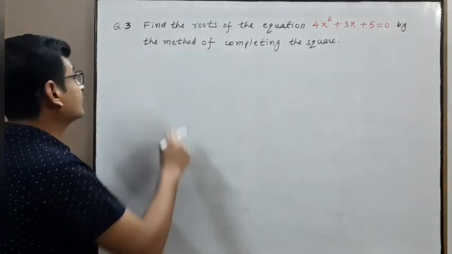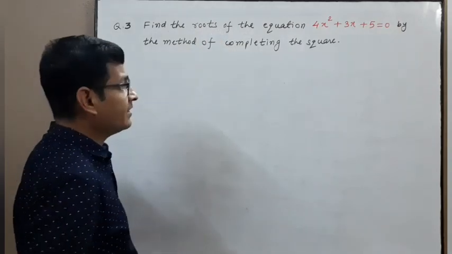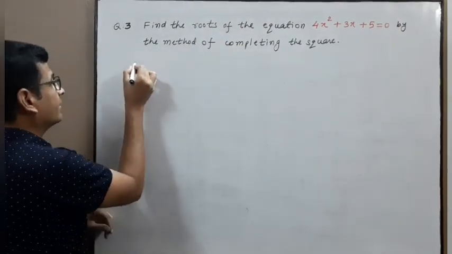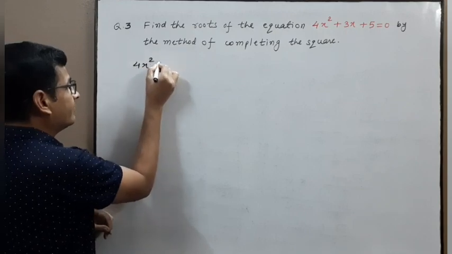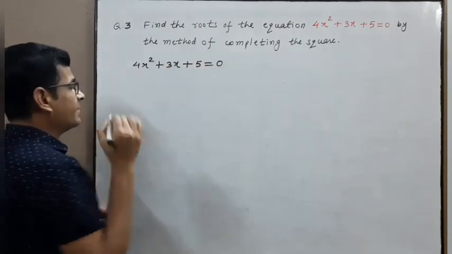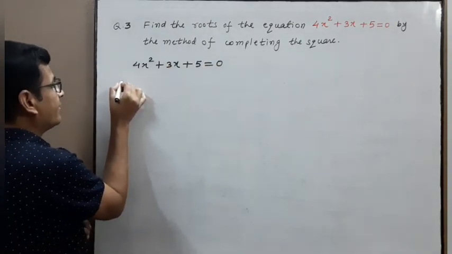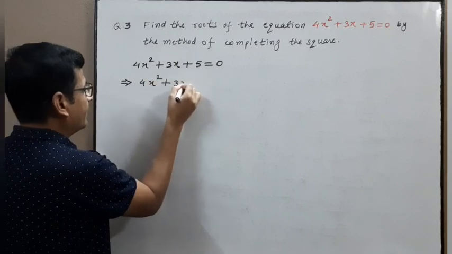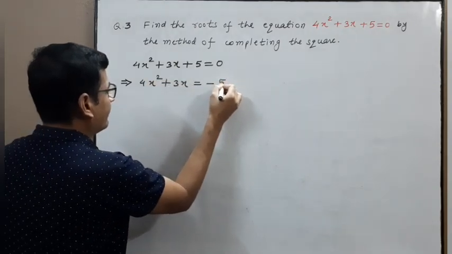Next problem. Find the roots of this equation by the method of completing the square. First step, 4x square plus 3x plus 5 equal to 0. Write the equation as it is. Now separate variable and constant. 4x square plus 3x equal to minus 5.